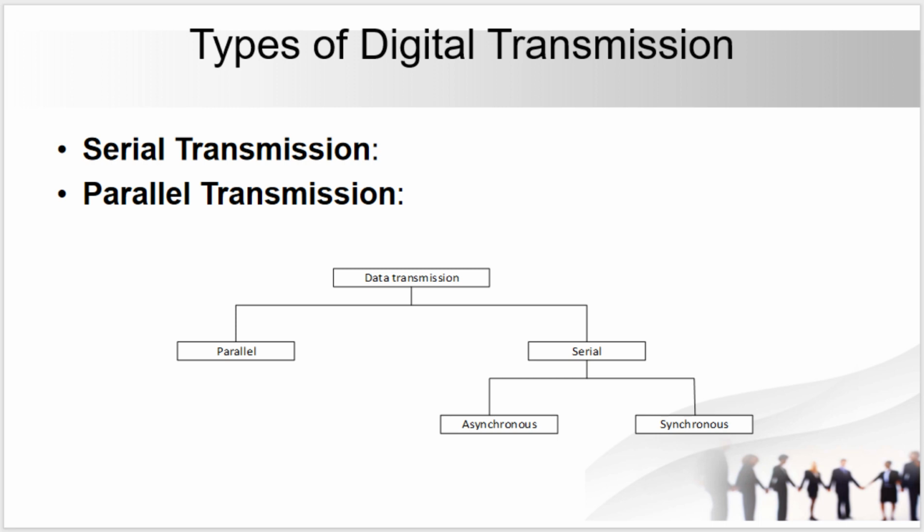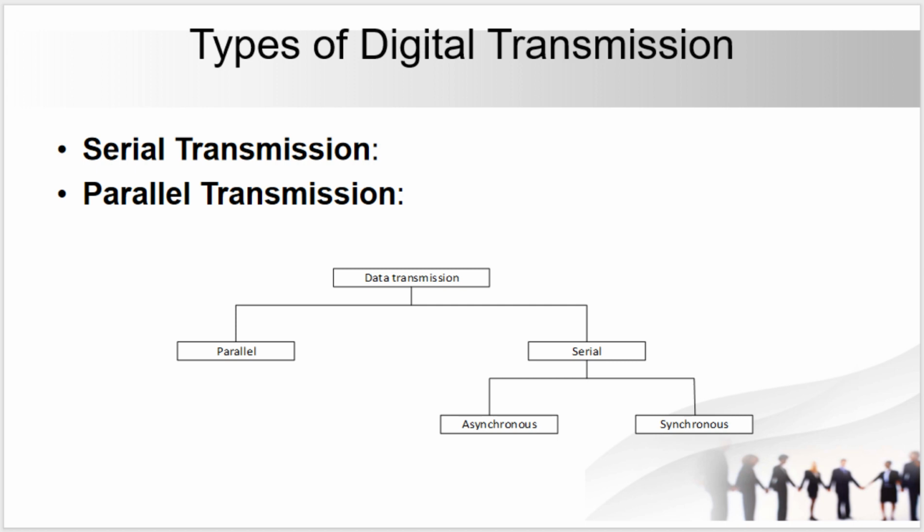And serial transmission is also divided into two parts: one is synchronous and the other is asynchronous. In synchronous serial transmission, data is transmitted in a continuous stream, with the sender and receiver synchronized by a common clock signal. Its features are high-speed transmission, less overhead, and efficiency for large volumes of data.